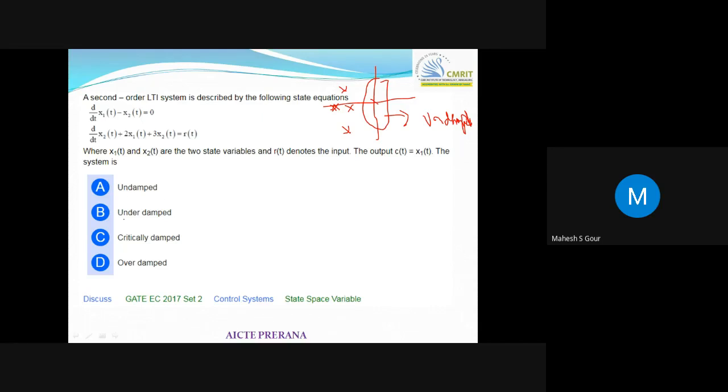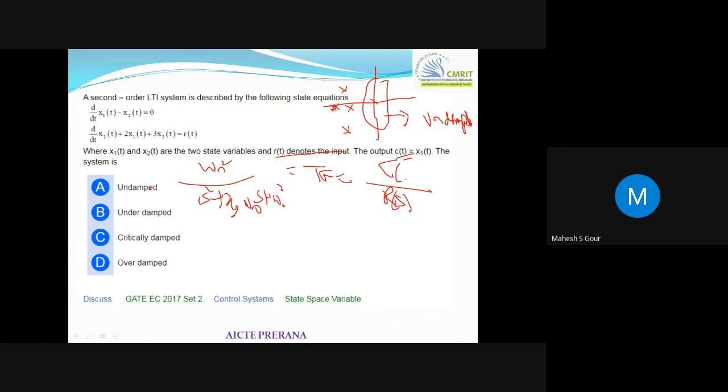So now I need to convert the equation into a format like omega n square divided by s square plus 2 zeta omega n s plus omega n square, right? It means what? This was a transfer function, right? So for a transfer function, what is the input here? R of t, right? R of t means the denominator should be R of s. What is the output? Output is C of t.